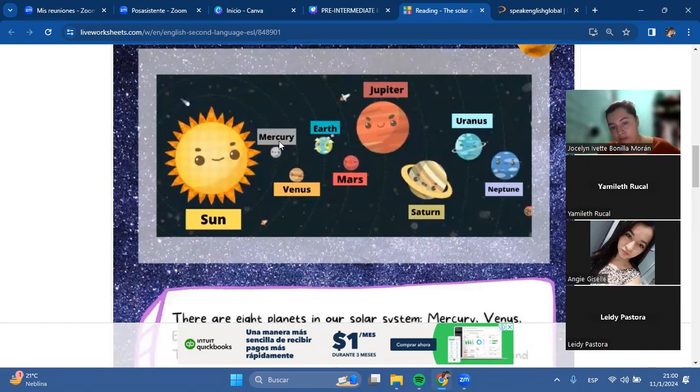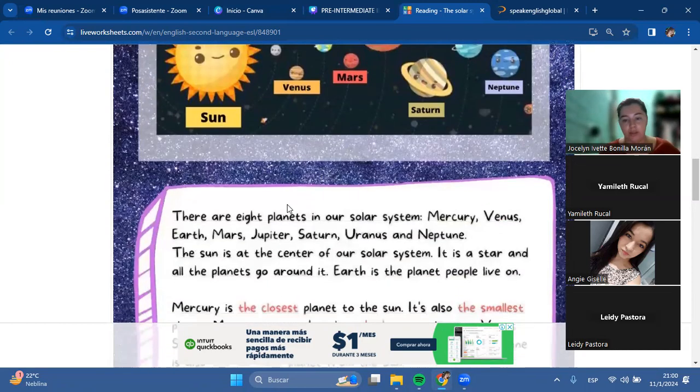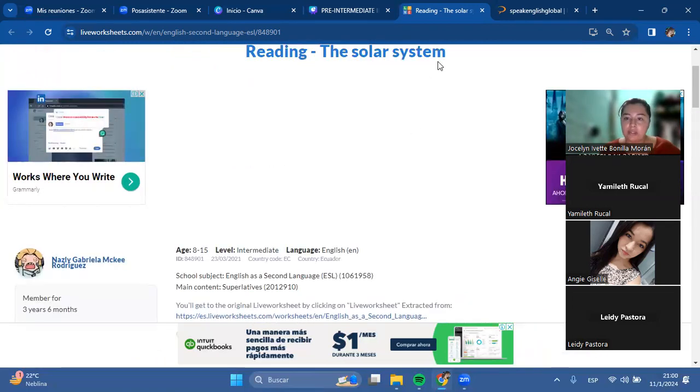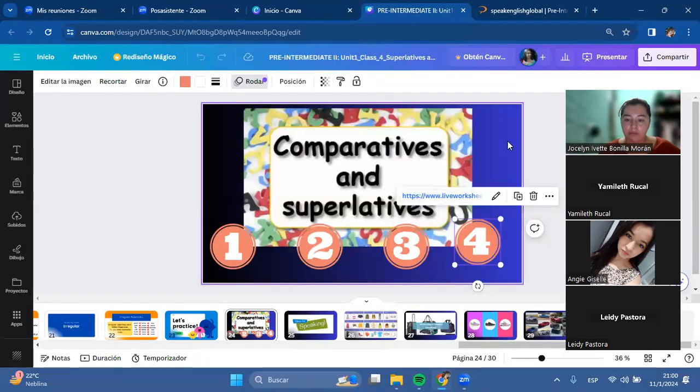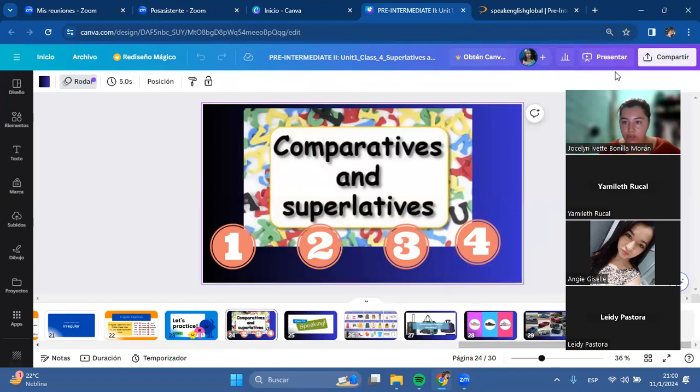So we have different planets, different sizes. But Jupiter is the biggest one. So it's the biggest one here in the solar system. Okay, good. So before leaving, do you have any questions so far about how to compare things?